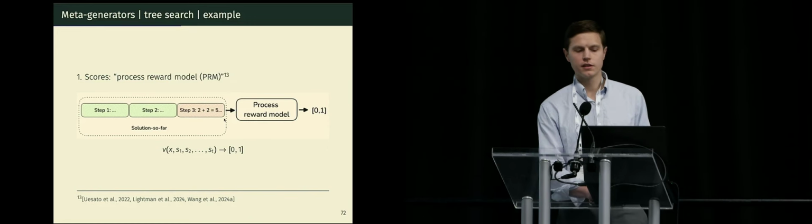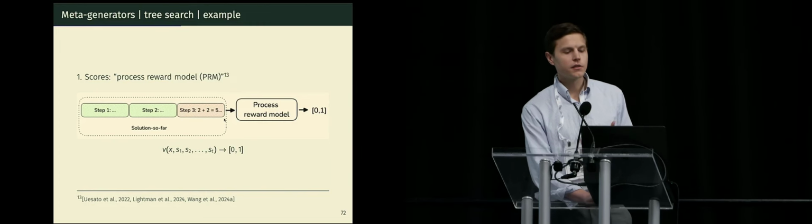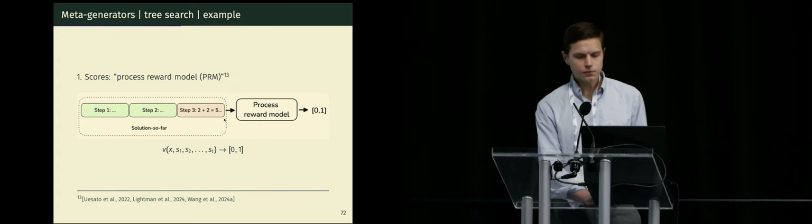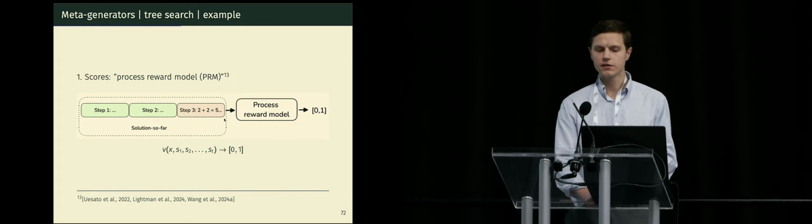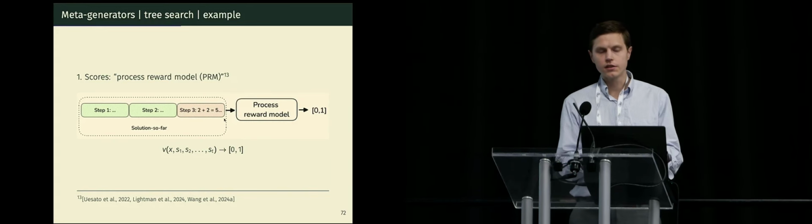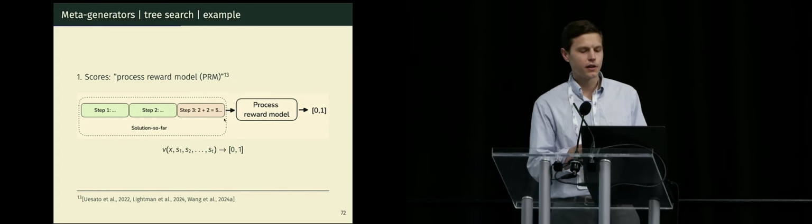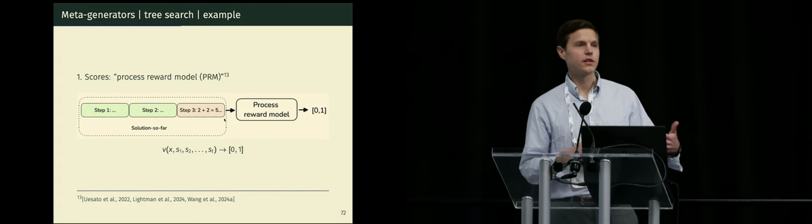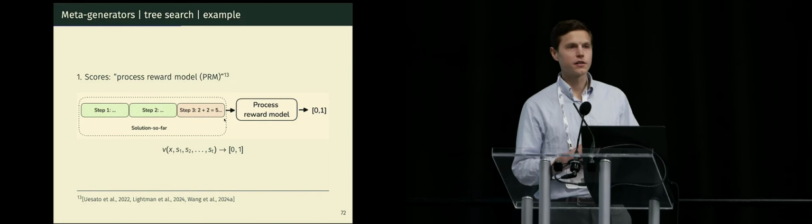One key question is how do we score each node of the tree? For that, you can use what's called a process-based reward model. The reason it's called process-based is that instead of taking in the full solution, it just takes in the solution generated so far, and it's essentially trained to predict whether the solution is eventually correct.